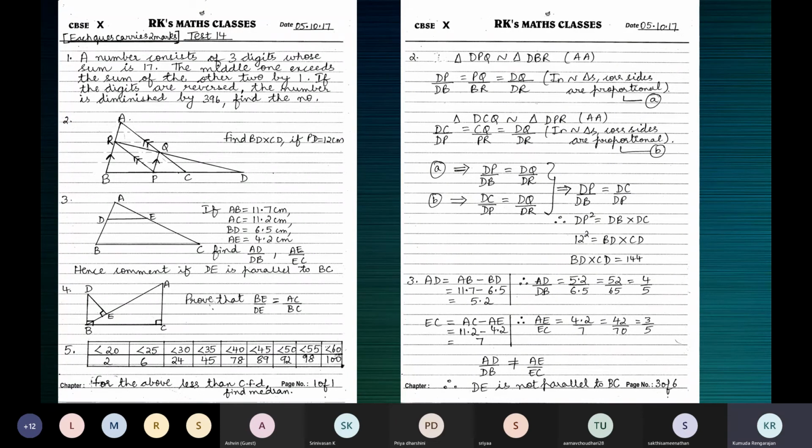And the fourth one? Please do the fourth one now.